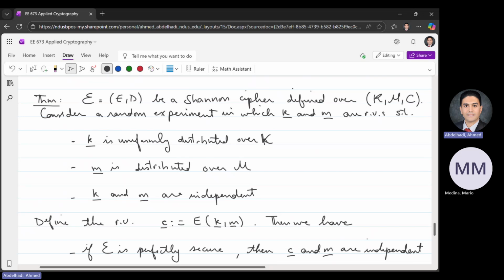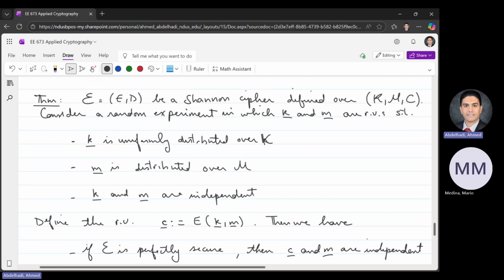We now know what a uniformly distributed random variable is. M is distributed, but not uniformly distributed. Why is M not uniformly distributed? Messages can have any sort of distribution, because the message is arbitrary.